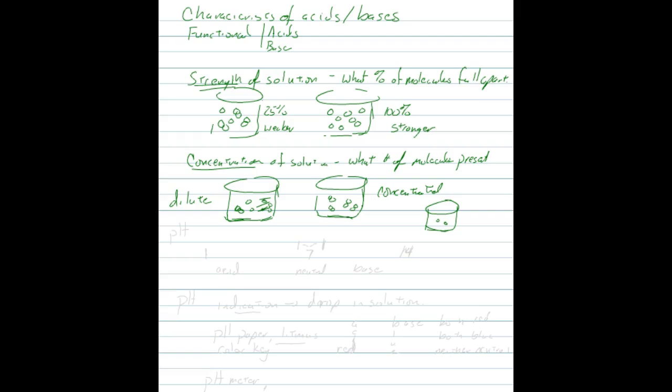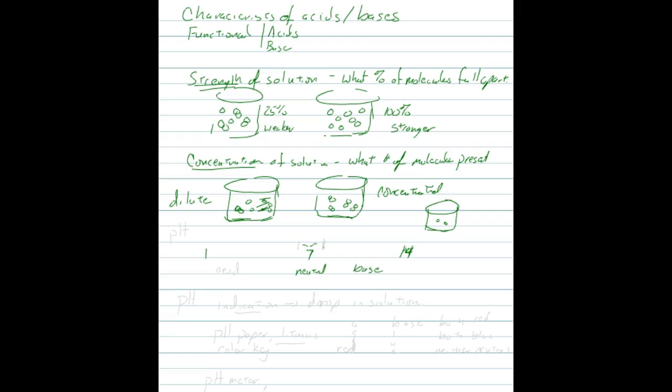pH scale, 7 is neutral. And for our purposes, anything that rounds to 7, so 7.4, 6.5, we'll call that neutral. Anything greater than 7 up to 14, you can have 15 actually, but generally you don't, is a base.